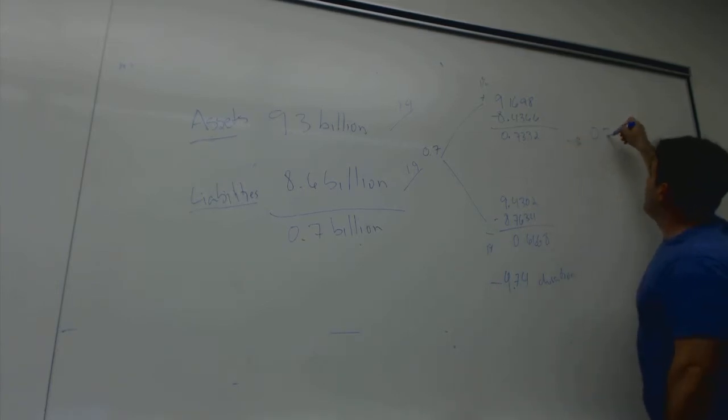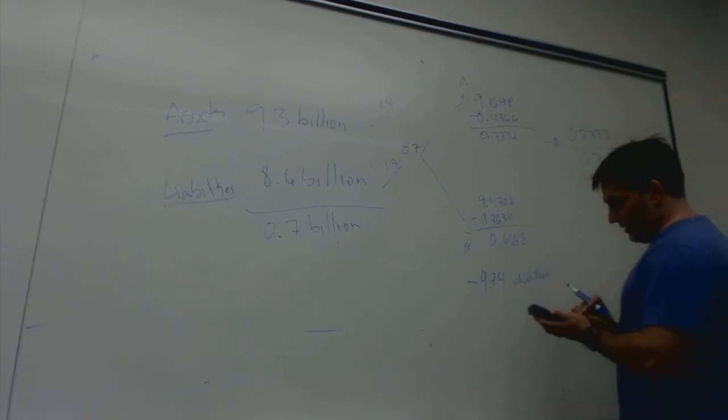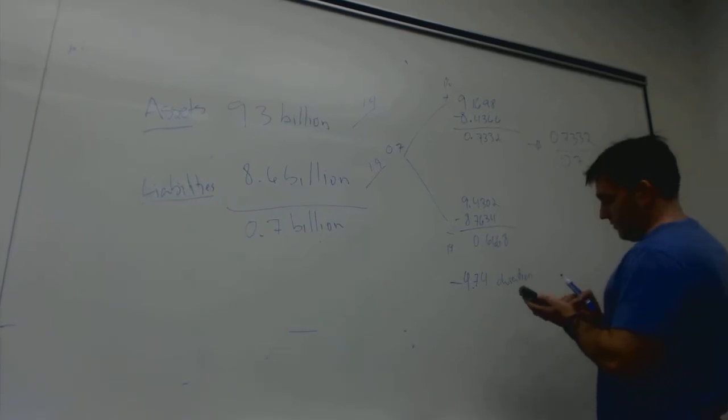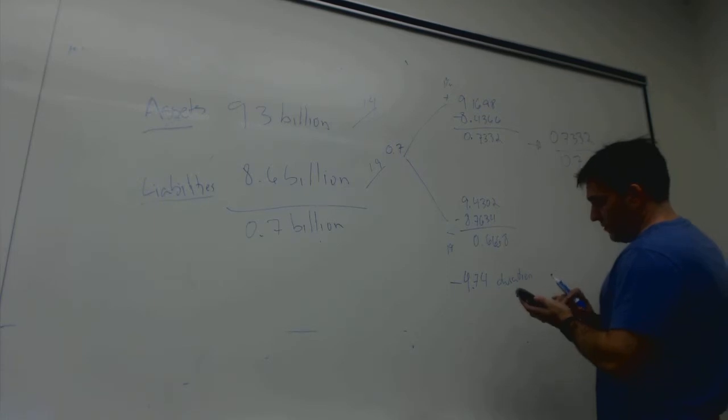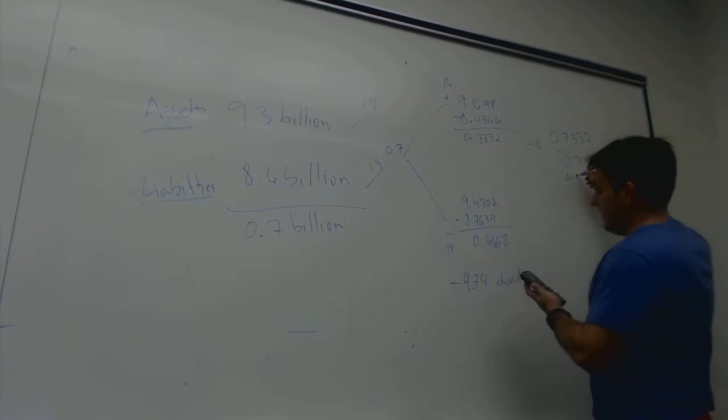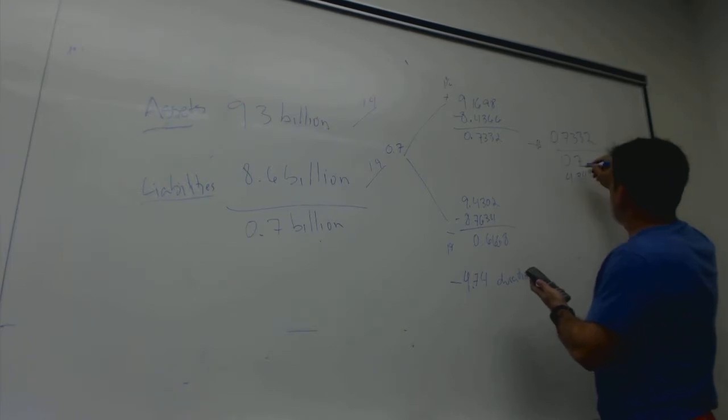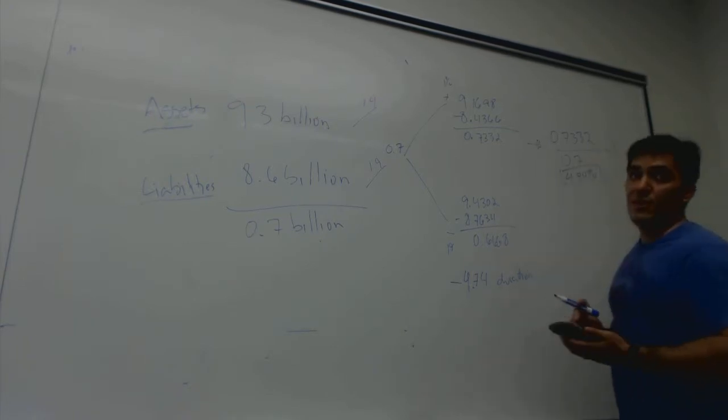It's going to be 0.7332 divided by 0.7 minus 1. That's 4.74%. That's how much increase I'm going to have.